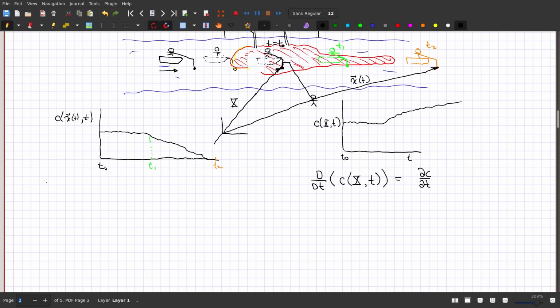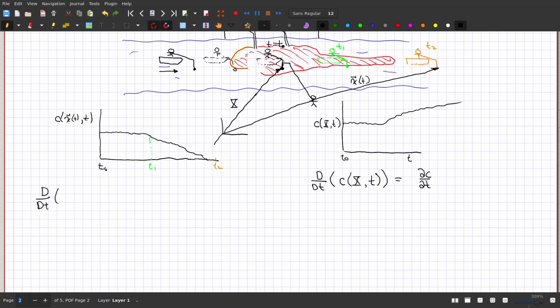However, over here, I have d dt of c of x and t, and if I take that, then what I get is partial c partial t plus partial c partial x times partial x partial t, by the chain rule, right?